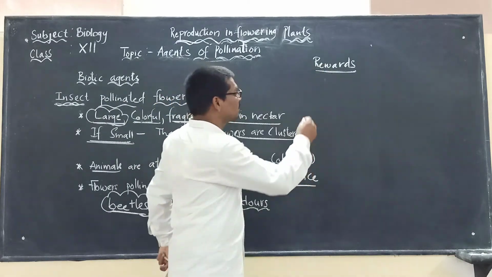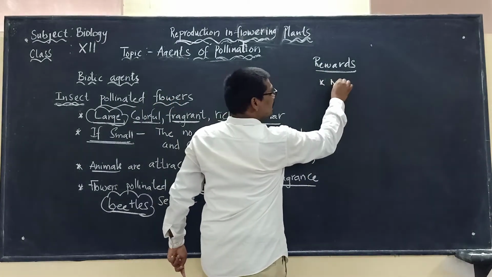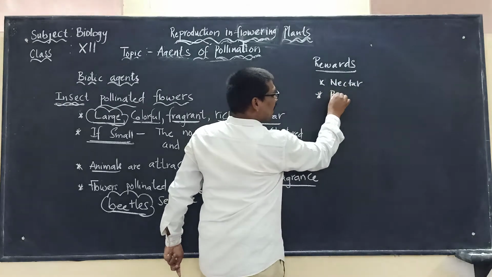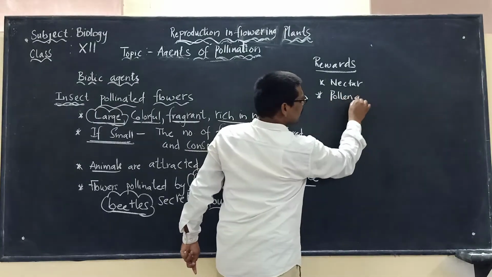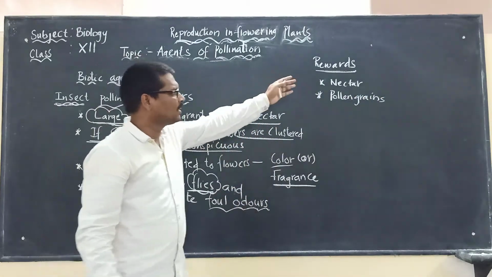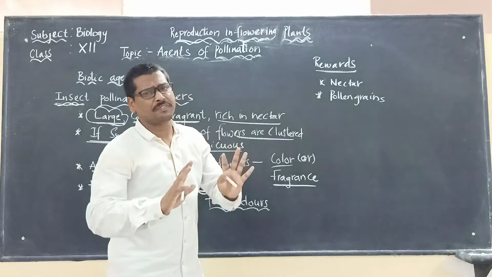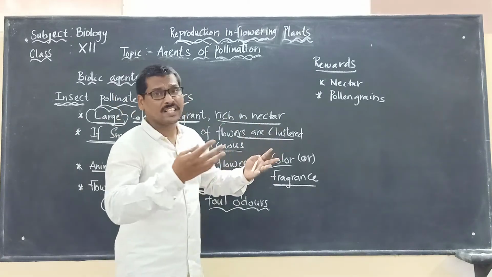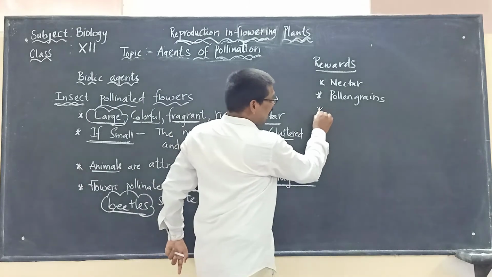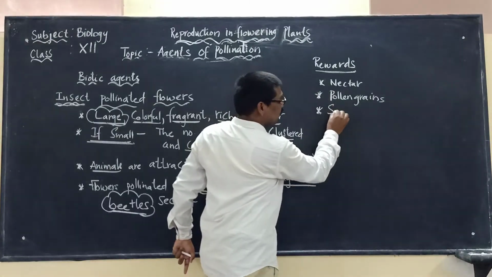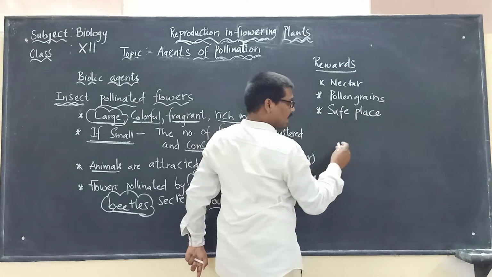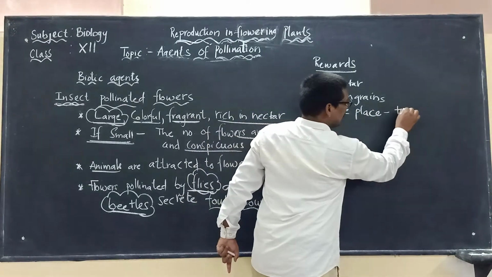What are those rewards? They have to provide sometimes the nectar. They will be providing the pollen grains. Nectar and pollen grains are the common rewards that they will be providing for these animals. But apart from this, the plant or the flower will also provide a safe place for the insects to lay eggs.